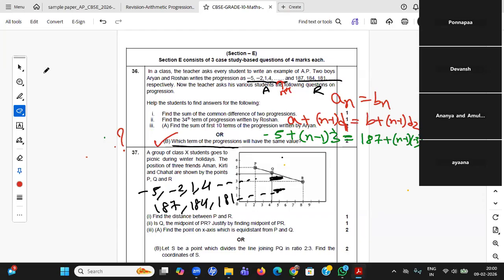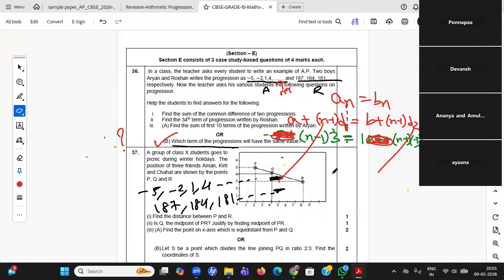Here n minus 1 is there in both, but we don't cancel it. No, you see, first of all, it should be free from the other terms. If minus 5 and 187 were not there, I would definitely cancel this.